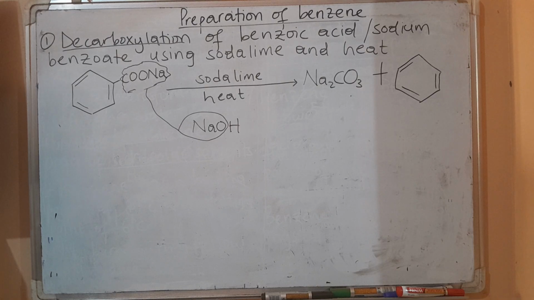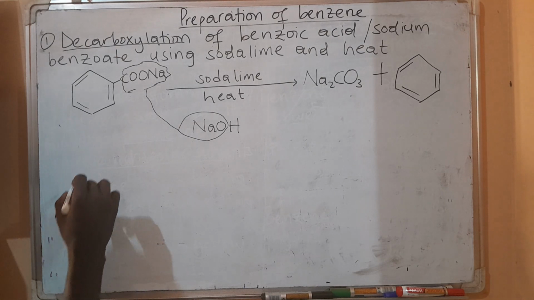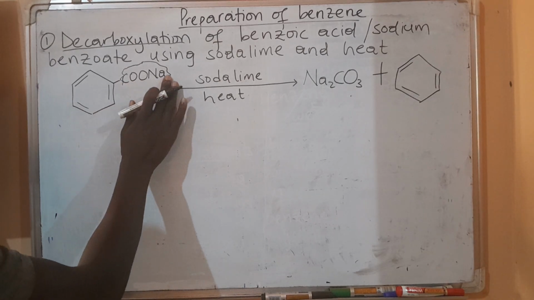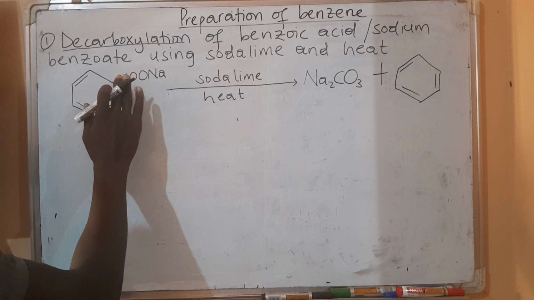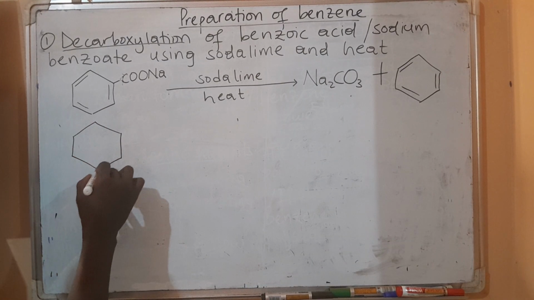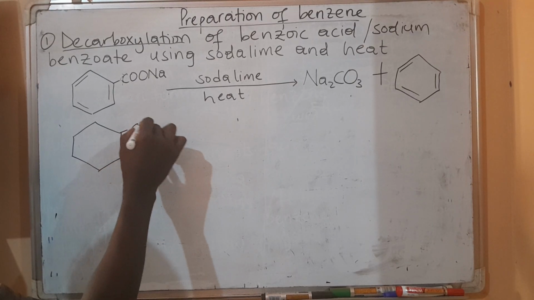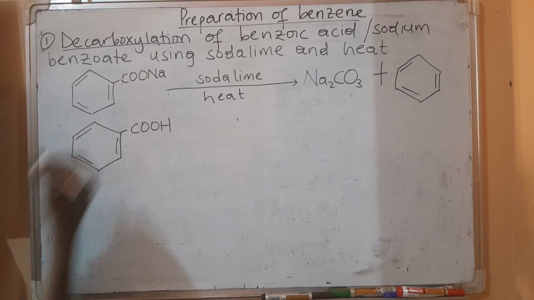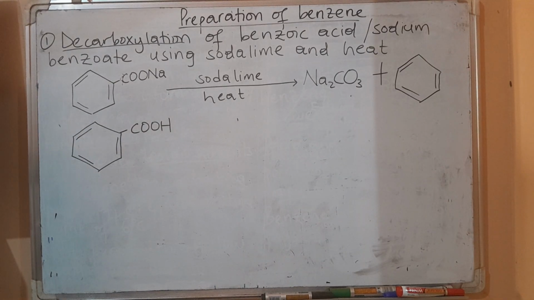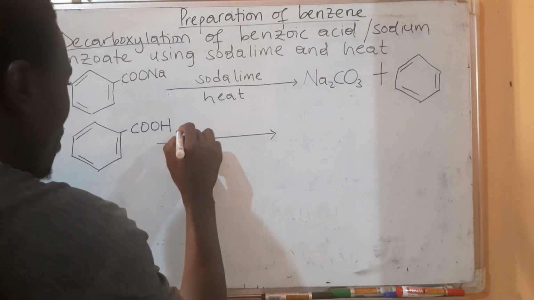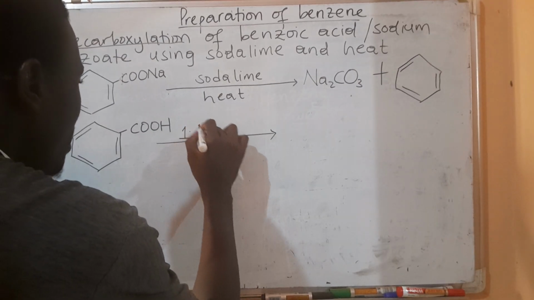Then for benzoic acid, this is what we do. Benzoic acid is an organic acid of this form. To decarboxylate it, in step 1, we first react it with the sodium hydroxide.